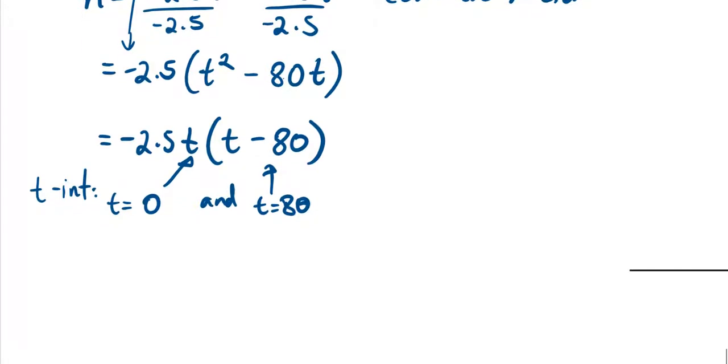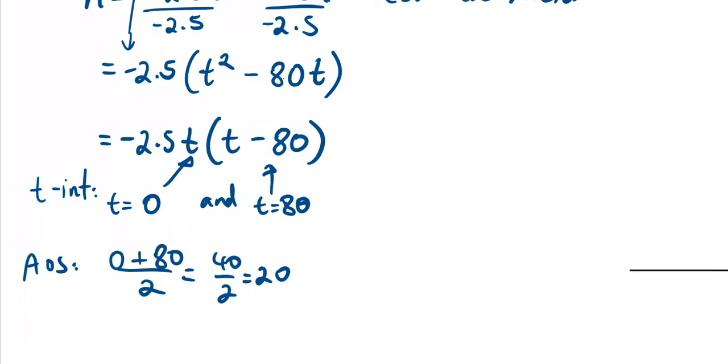Now, axis of symmetry, I can also find that by averaging our t-intercepts, so 0 plus 80 divided by 2. I'm sorry, I made a mistake here. 0 plus 80 is 80. I jumped the gun.